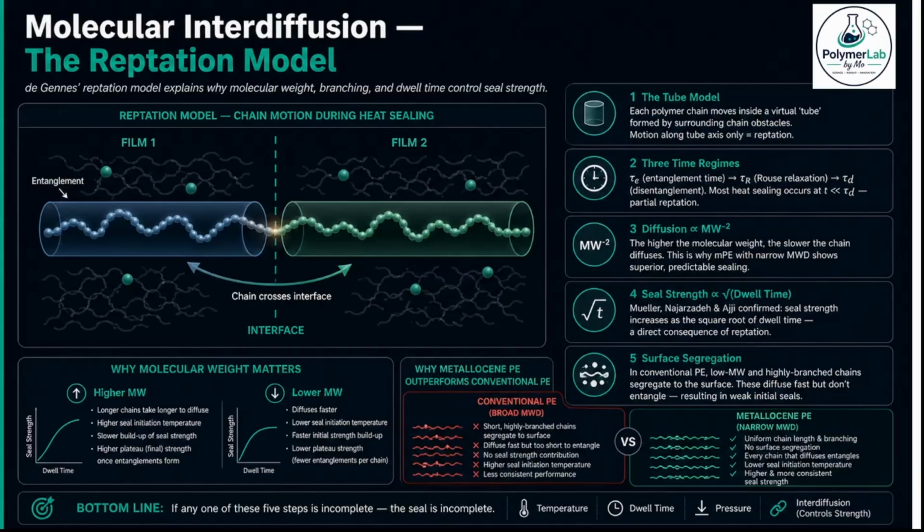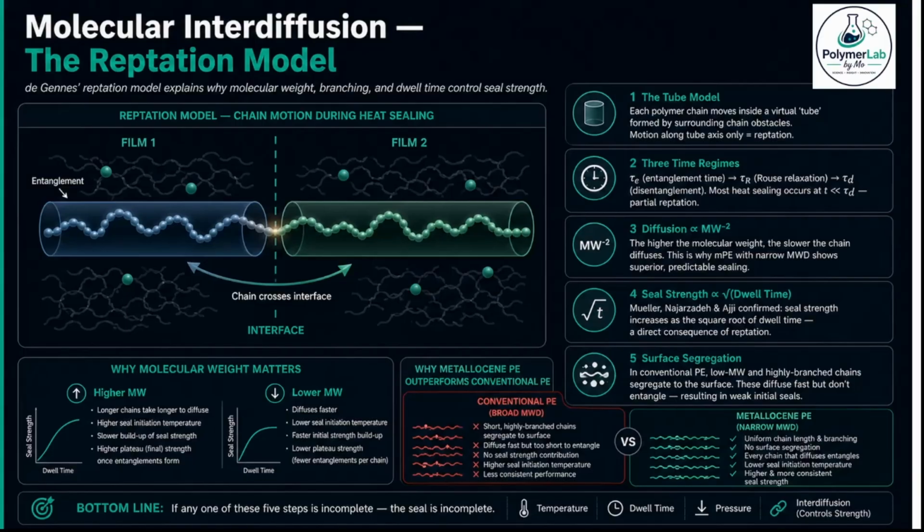Those surrounding chains create topological constraints, entanglements, that confine the chain to a virtual tube. The chain can only diffuse along the axis of this tube. This snake-like motion is called reptation.